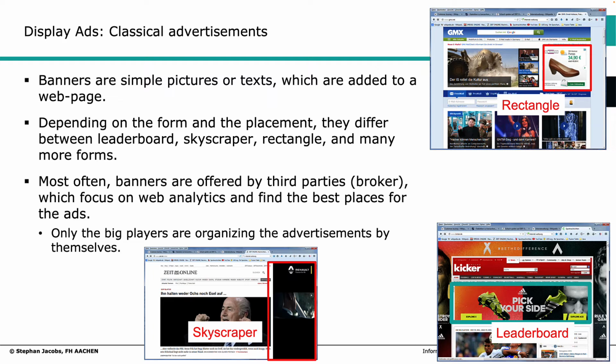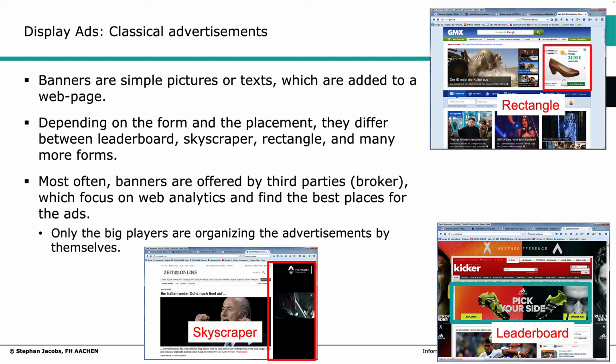Depending on the form and the placement, we have different names. In the example below, in Zeit Online, that's a skyscraper: a very high form which is left or right of the normal text and which maybe stays fixed even if you scroll the rest of the text.